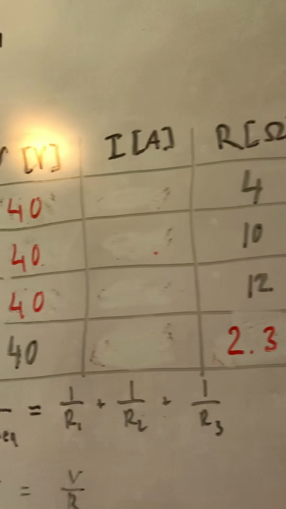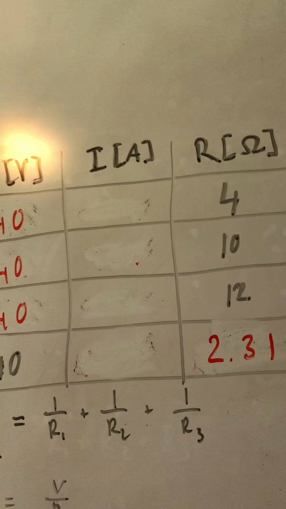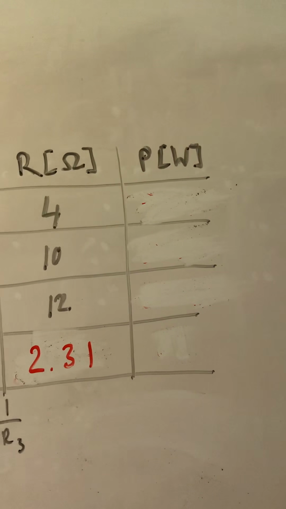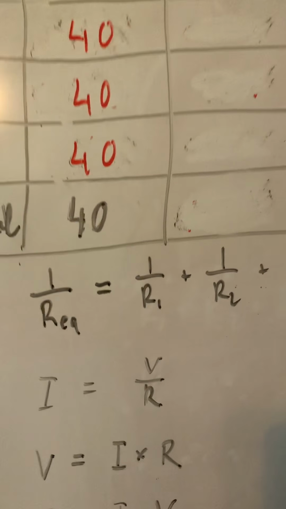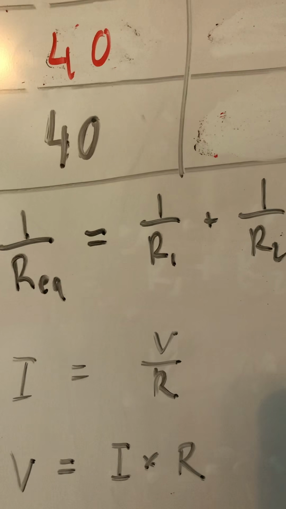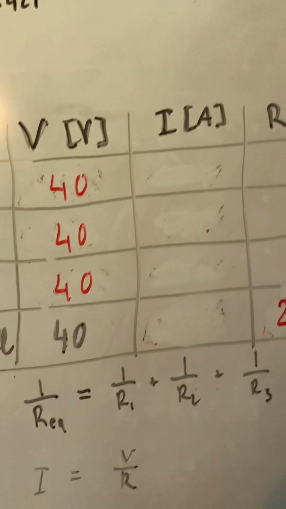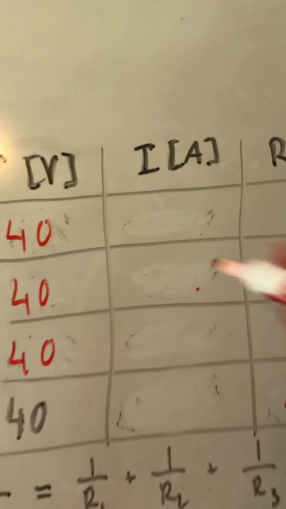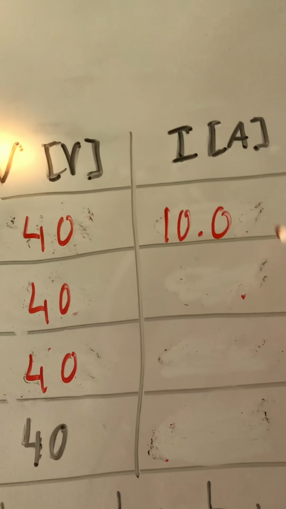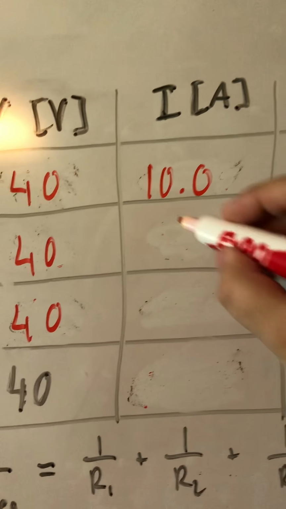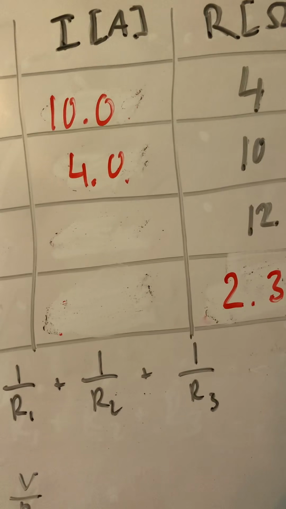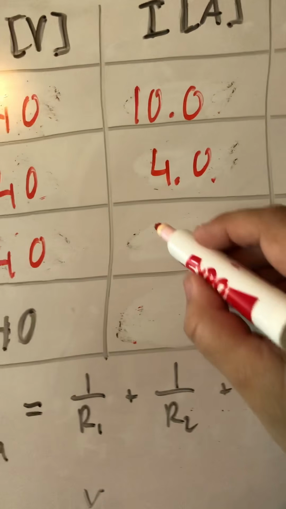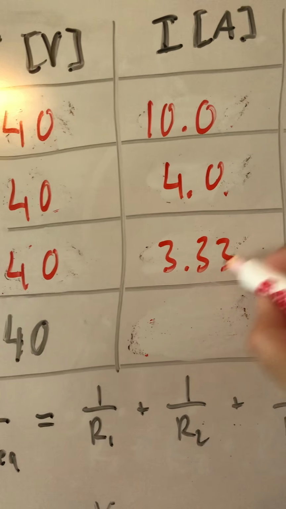Next, now that we have 2 variables, we can calculate the current, and we can also calculate the power on each of those resistors. So for the current, we use the formula I equals V over R. So 40 divided by 4 is going to be 10 amps. 40 divided by 10, 4 amps. 40 divided by 12 is 3.33 amperes.